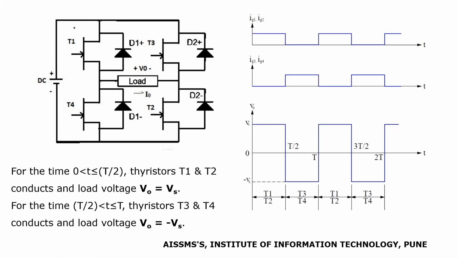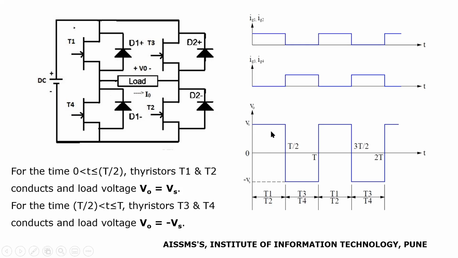But if we connect an RL type of load, then the output current and output voltage are not in-phase quantities, but some phase difference occurs between current and voltage. The freewheeling diodes will operate when an RL type of load is connected at the output terminals.